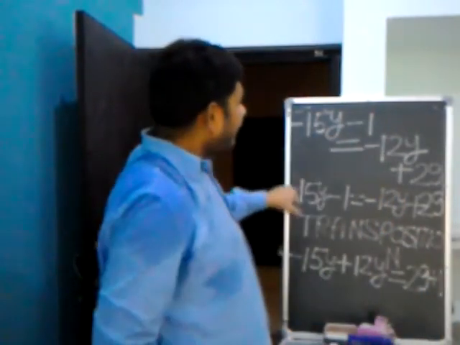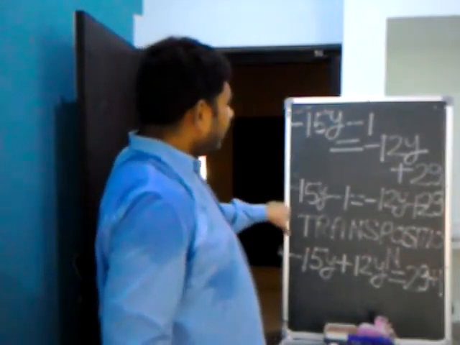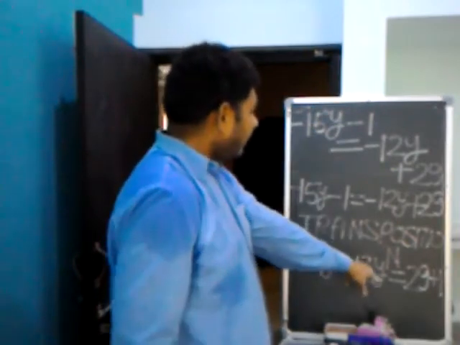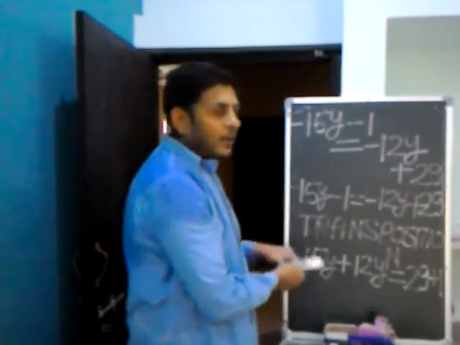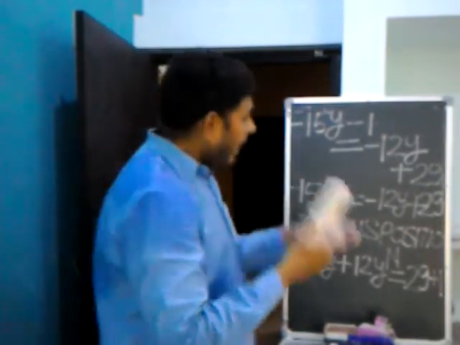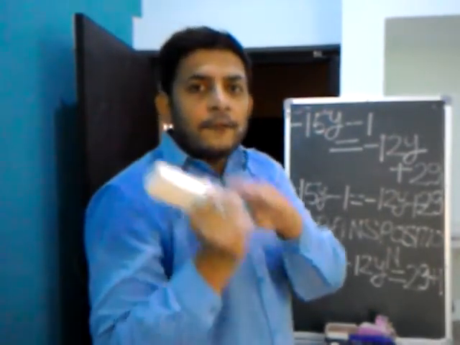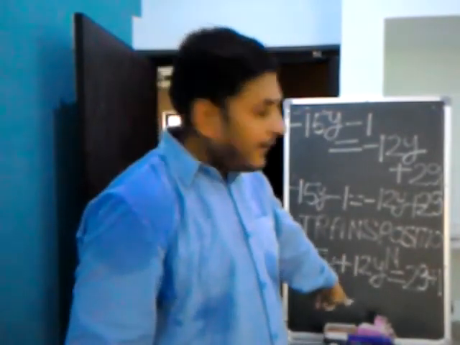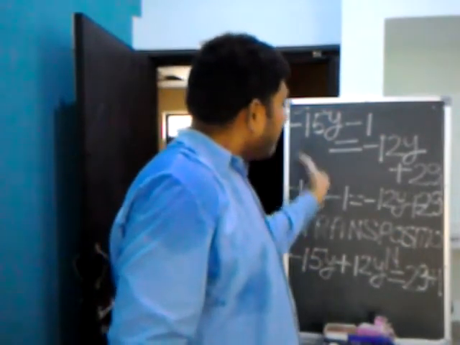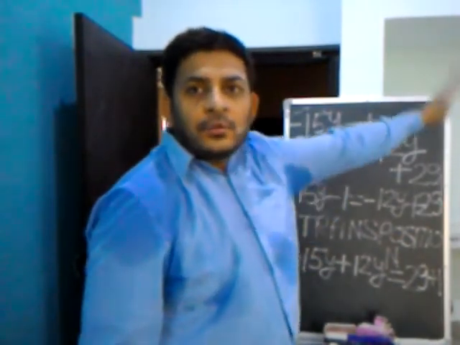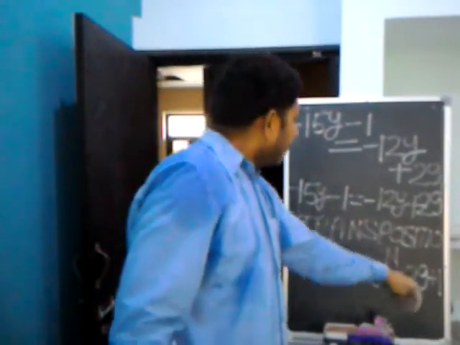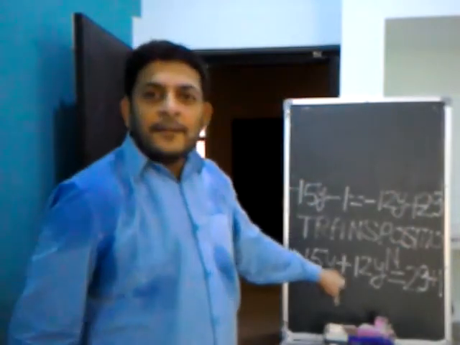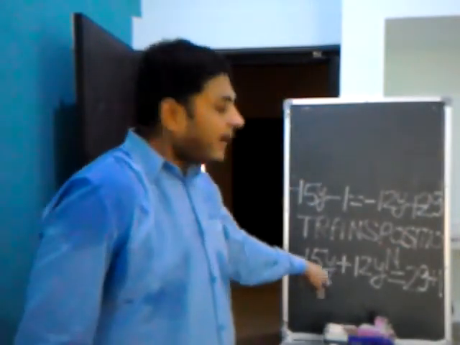What did I do? I did the transposition. First I solved them, then I did the transposition. I brought minus 12y from the right side to the left side, so it became plus 12y, and I took minus 1 from the left side to the right side, so it became plus 1. Now 12y has a plus sign and minus 15y has a minus sign.